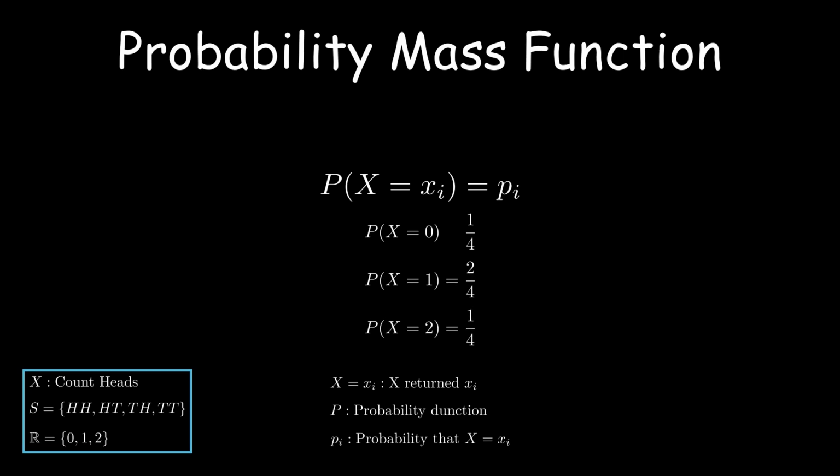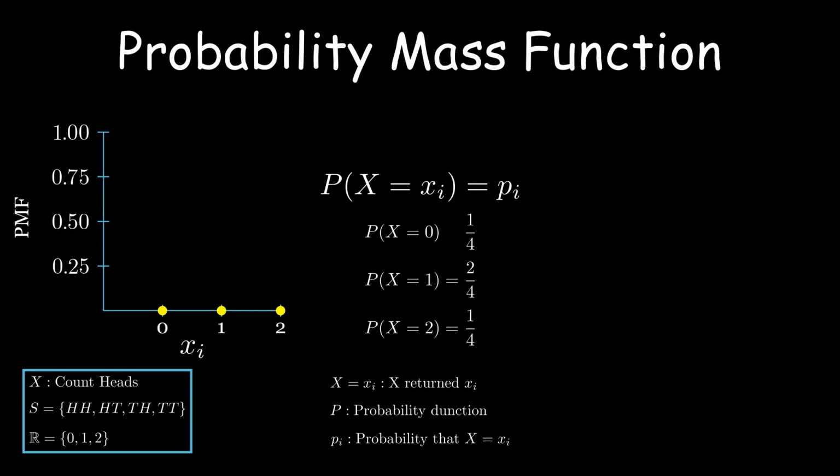We can also plot the probability mass function of a discrete random variable on a graph. The x-axis represents the possible values that the random variable can take on, and the y-axis represents the probability that the random variable is equal to that value. This graph depicts the probability distribution of the random variable X that counts the number of heads when flipping a coin twice.